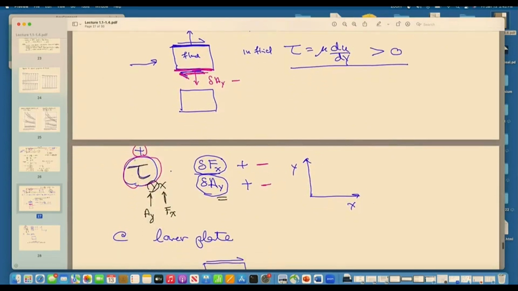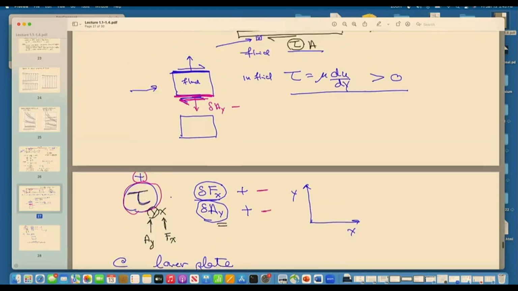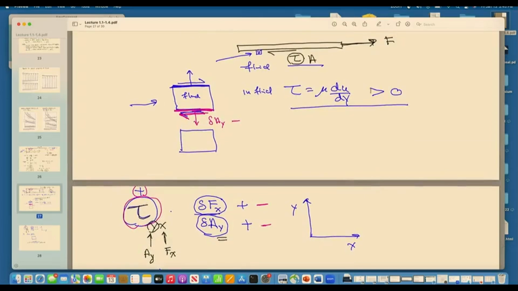The shear stress is force per area, and the shear stress then is positive, consistent with the mathematical result of tau equals mu du dy.